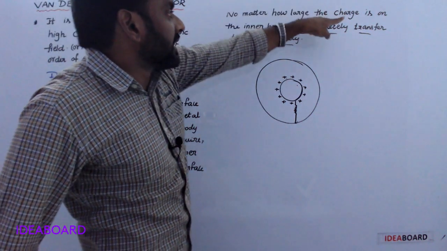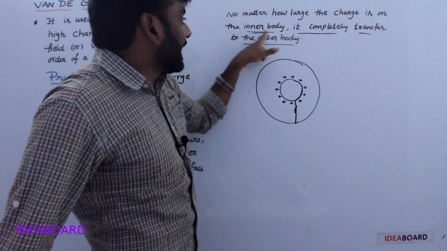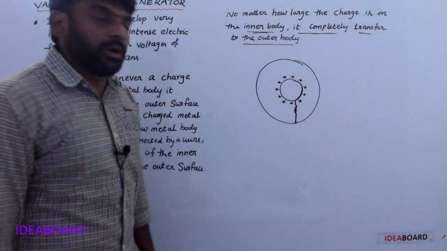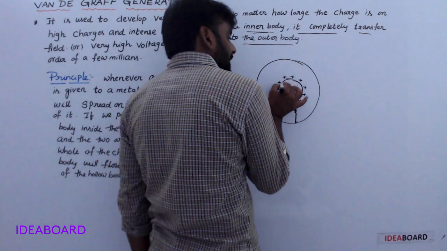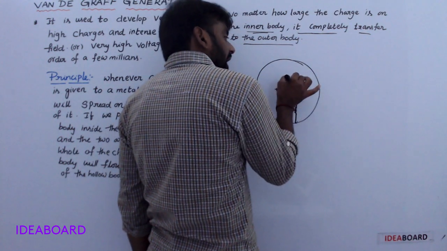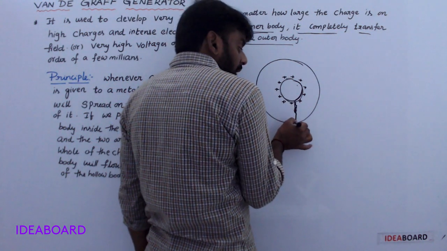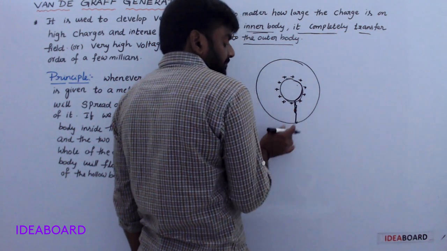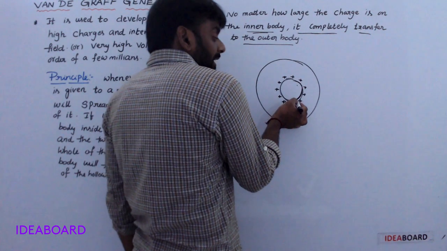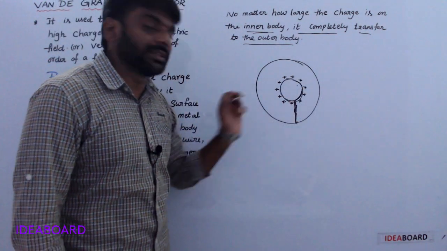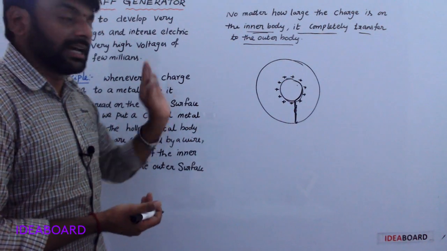No matter how large the charge is on the inner body, it is completely transferred to the outer body. That means it is a metal body already having some charge, connected to a hollow metal body, and the total charge is transferred to it. Understood? That is the principle.